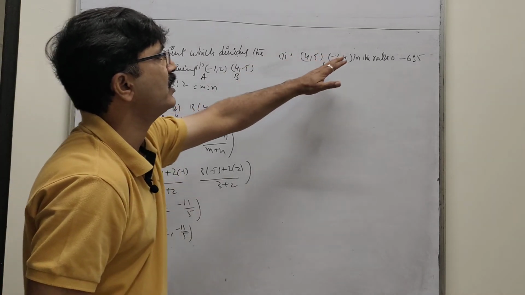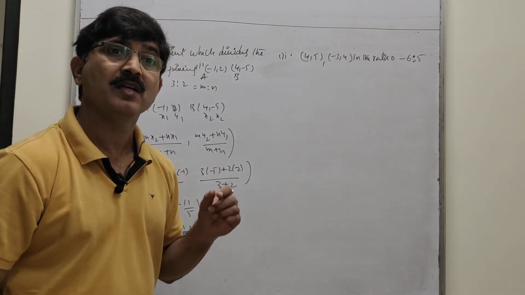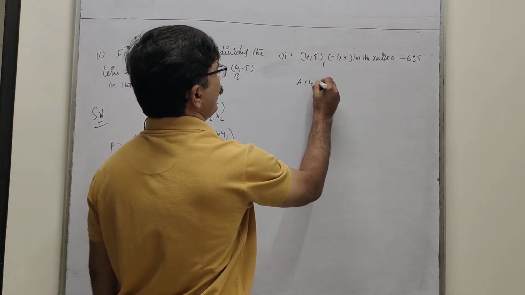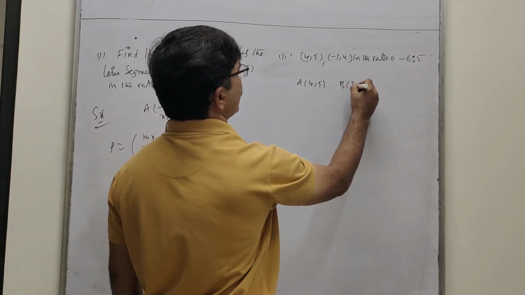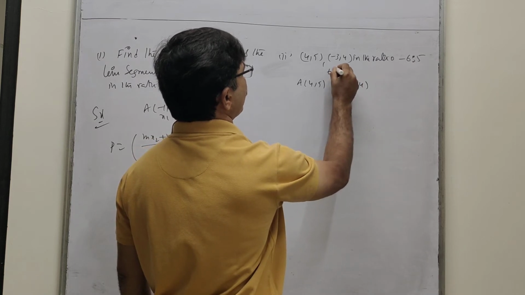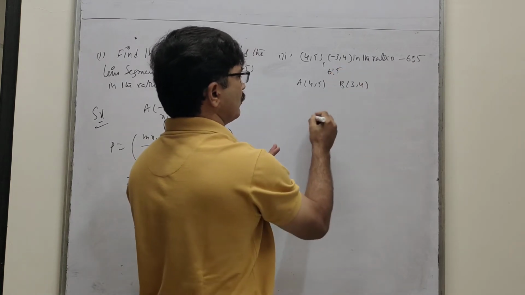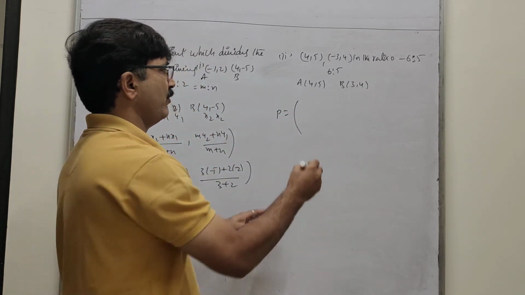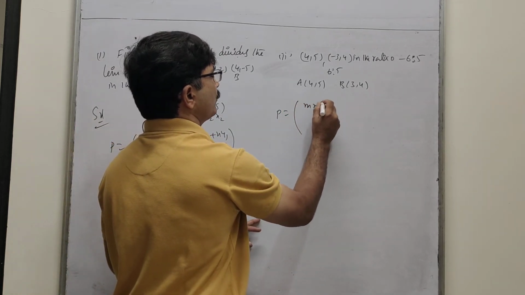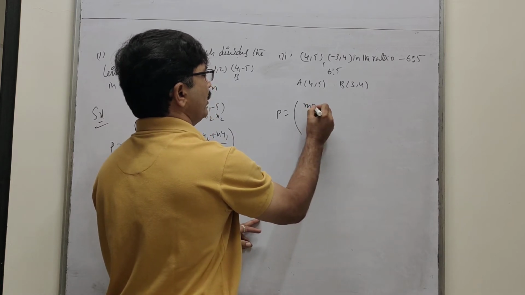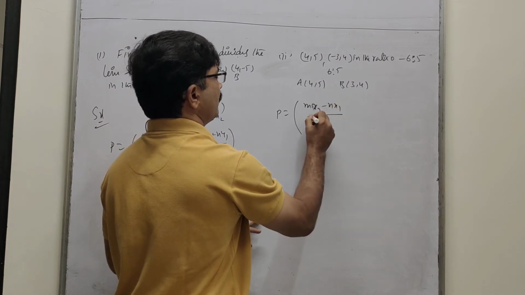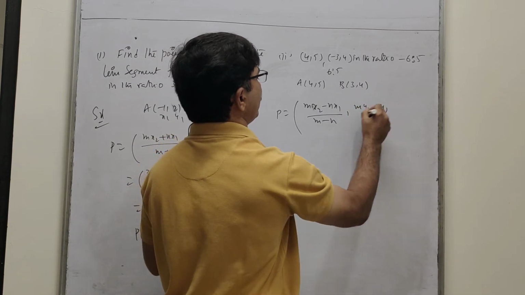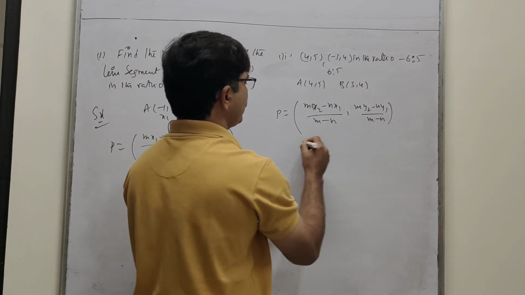But here he didn't say external, but the ratio is given as negative. Negative means, if you take A as 4 comma 5, B is 3 comma 4, while taking the ratio you take only the positive, but while writing the formula you remember that you are supposed to write the second formula. What is that? (mx2 minus nx1) by (m minus n), (my2 minus ny1) divided by (m minus n).